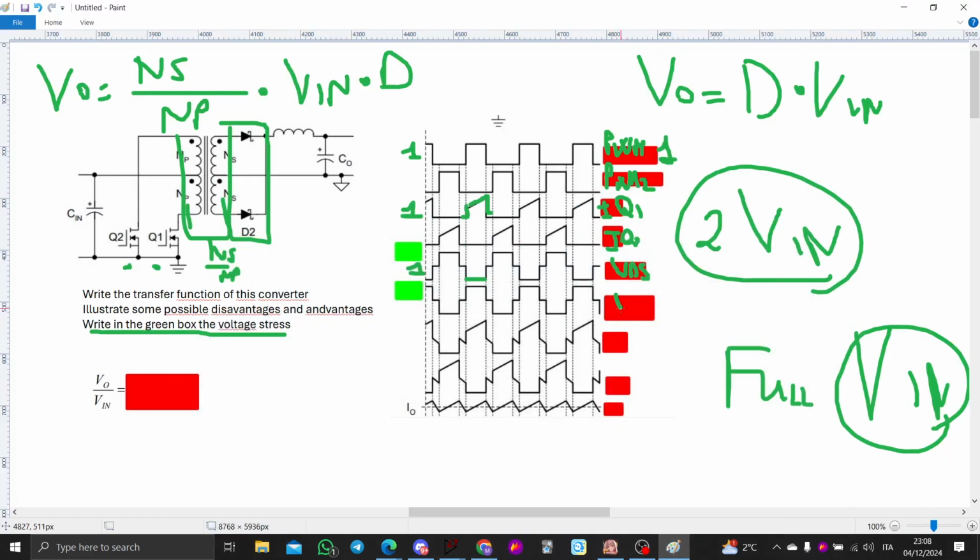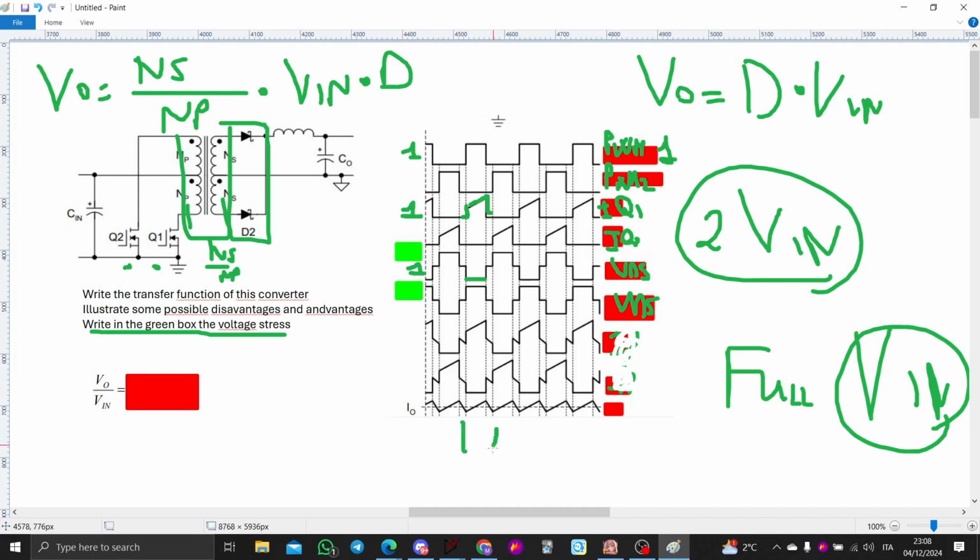So this is also the VDS, and this is of course the primary current, I primary. Okay, no, sorry, this is the VDS, yes, but these are the secondary currents.